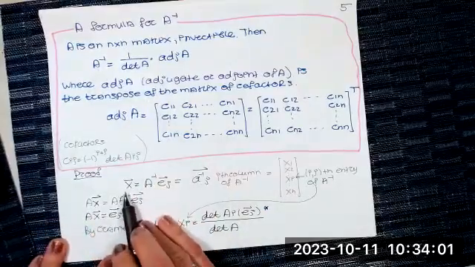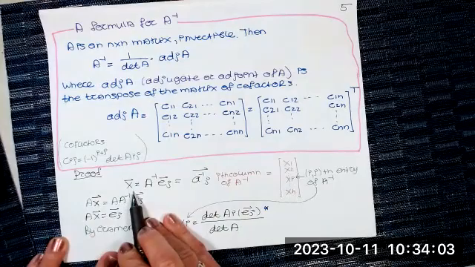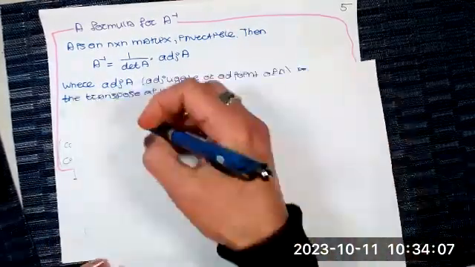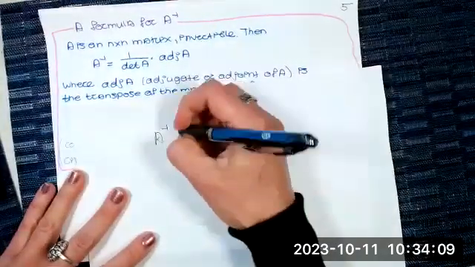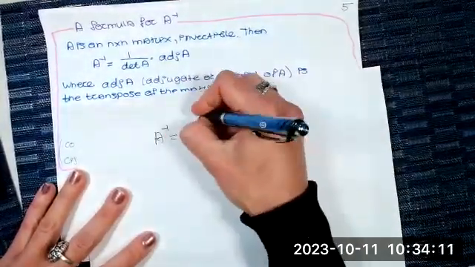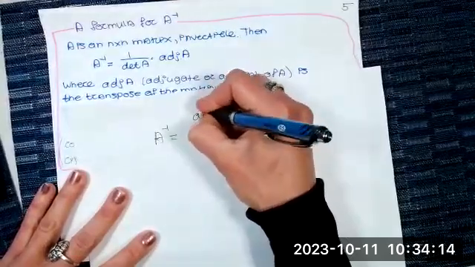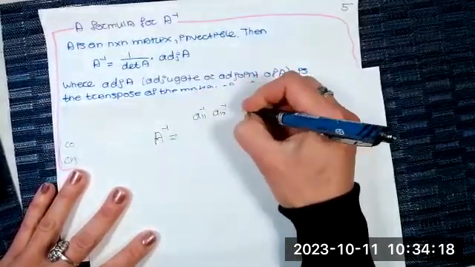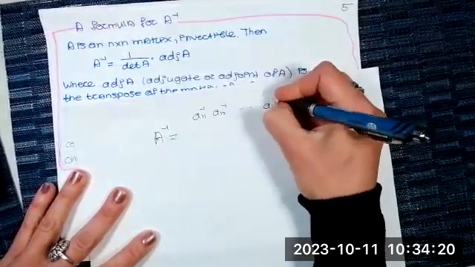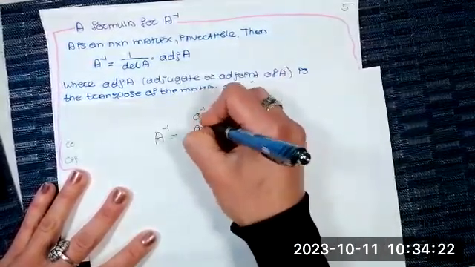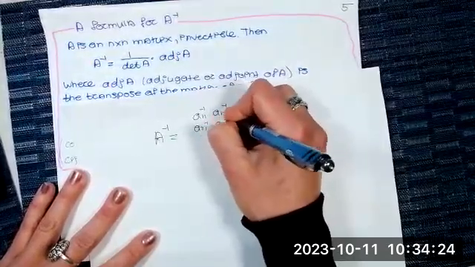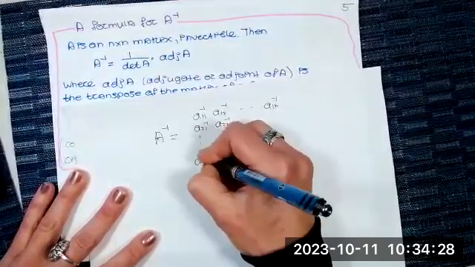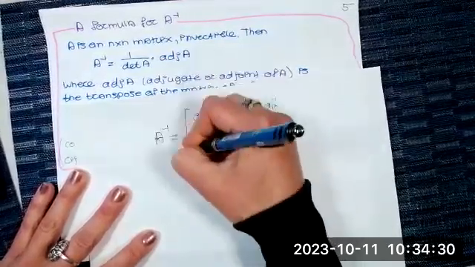So if I define vector X to be the jth column of A inverse, basically, if I want a formula for A inverse, what are all of the components, like A11 inverse, A12 inverse, and so on, A1n inverse, A21 inverse, A22 inverse, all the way to An1 inverse, and so on.